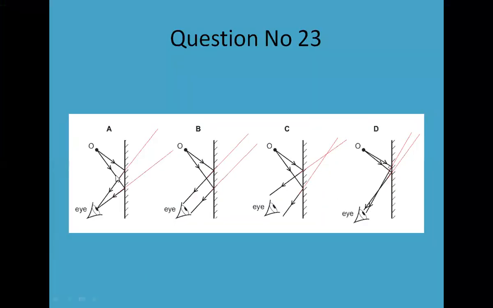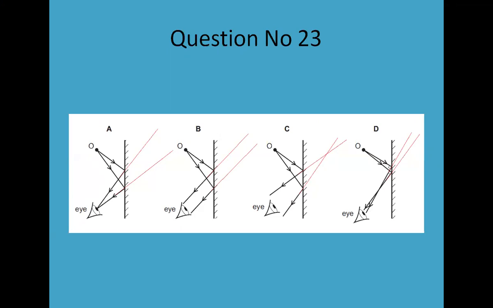Okay, so you can see with these red lines, I have prolonged these reflected rays behind the mirror. In option A, you can see they will not intersect each other behind the mirror. In option B, when I prolong the reflected rays behind the mirror, you can see that they will not intersect each other.